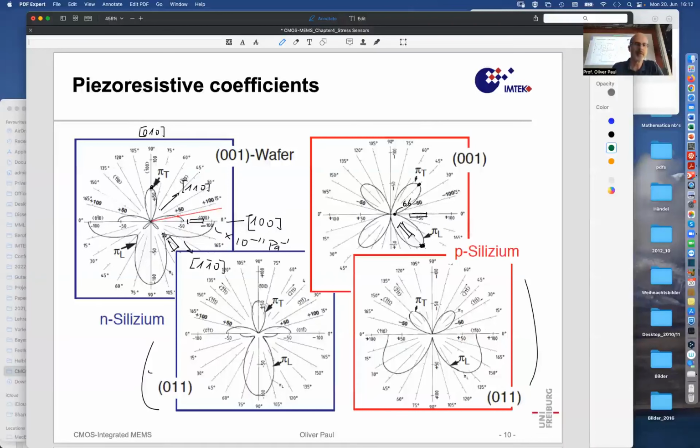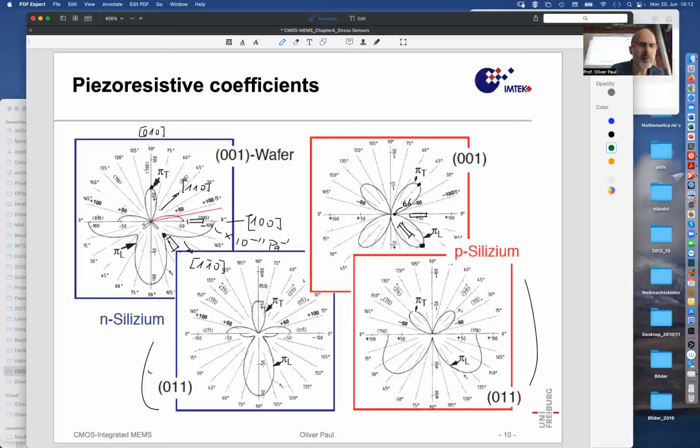And regarding the transversal coefficient, the response of a resistor to stress that is perpendicular to the current direction, that also has an angular dependence, which is maximum along these crystalline coordinate directions, the crystal axes, and it is even of the opposite sign in the direction at 45 degrees.